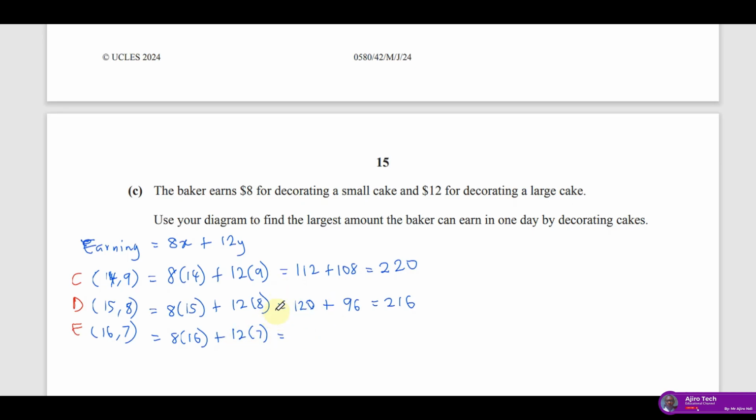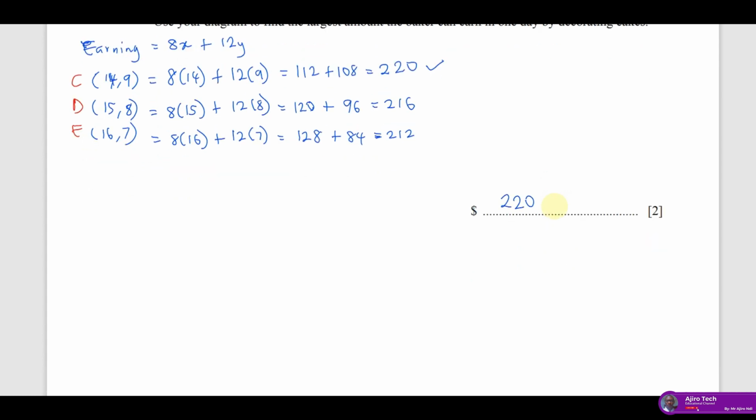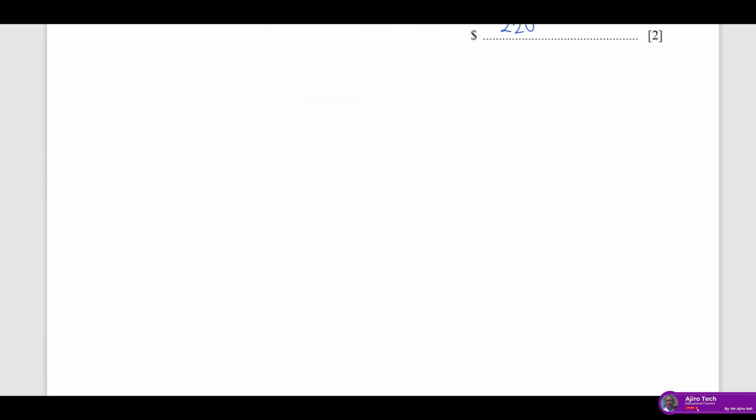That should be 128 plus 84, that should be 212. So the highest is at this point C. The highest profit we can make is $220. So you are done with that.